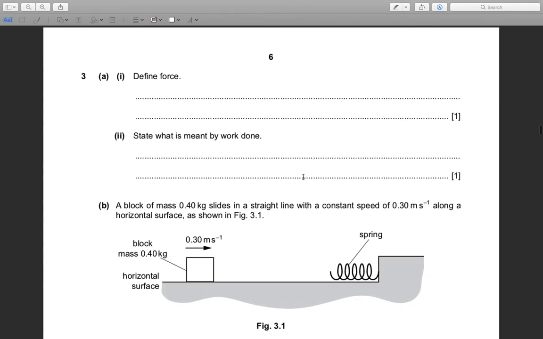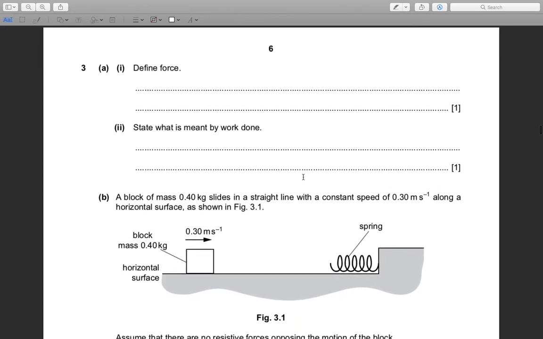Okay, question number three. Define force. Force is the rate of change of momentum. If you know this, yes, change of momentum, divided by time taken.